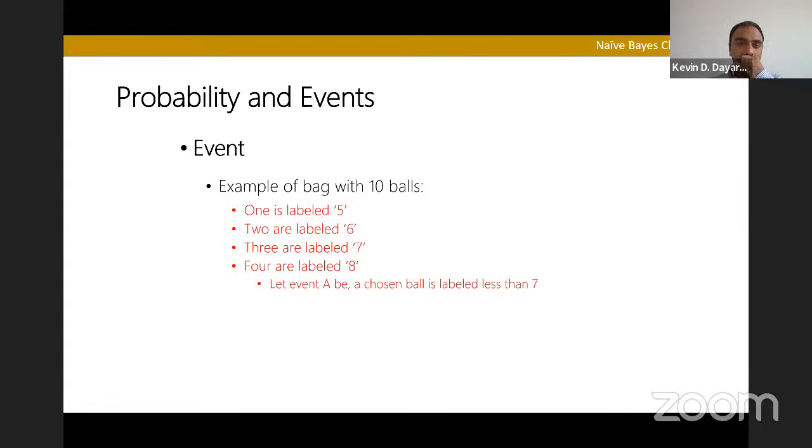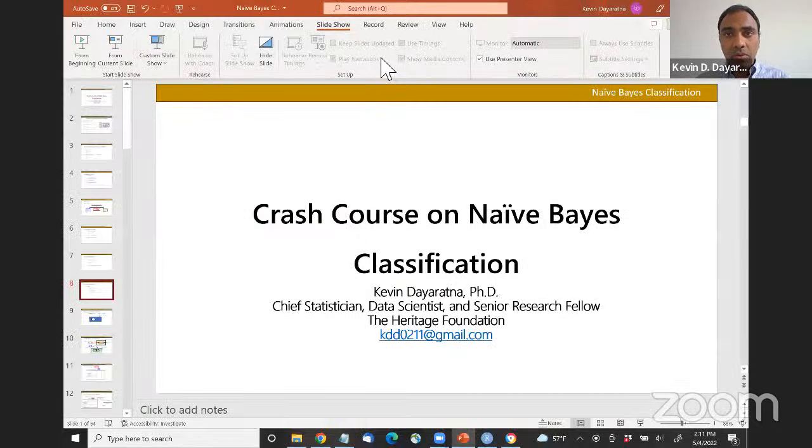Here's an example of a bag with 10 balls. 1 is labeled 5, 2 are labeled 6, 3 are labeled 7, 4 are labeled 8. Let A be the event that a chosen ball is labeled less than 7. This is a very basic example that I want us to get a hold of.